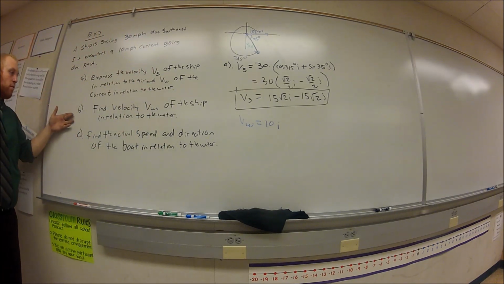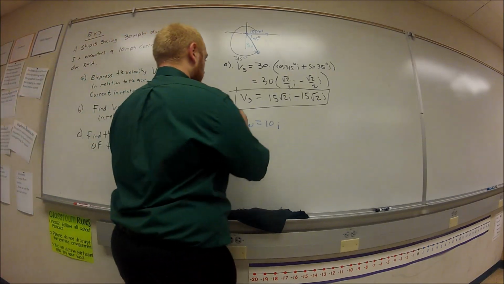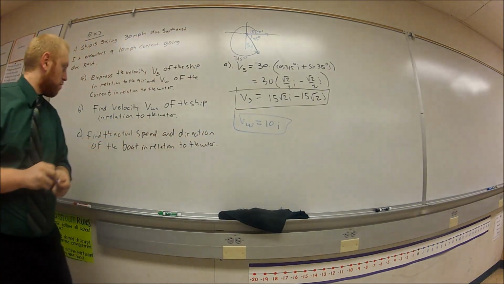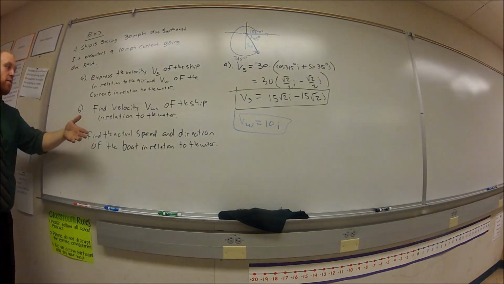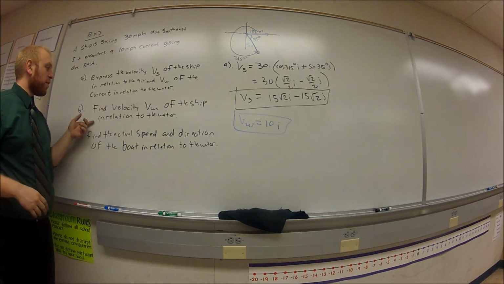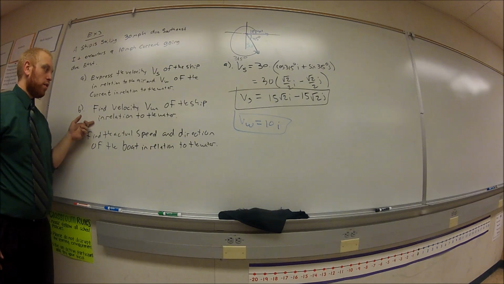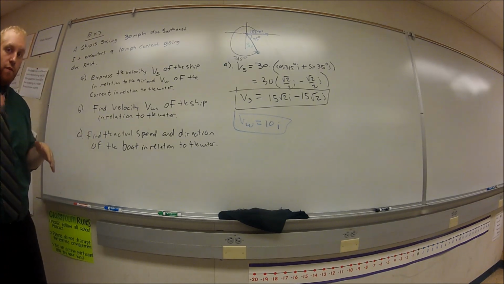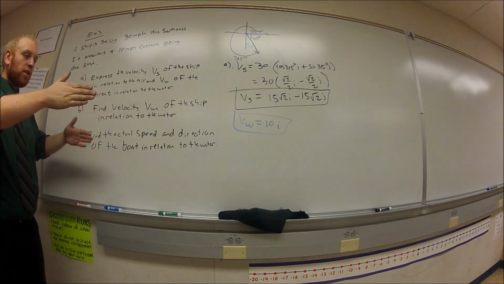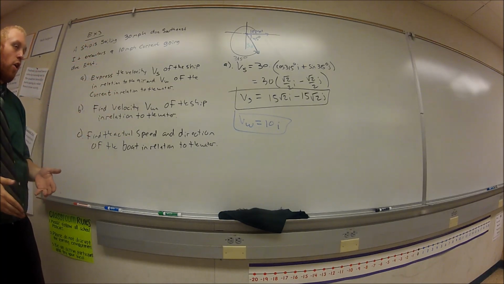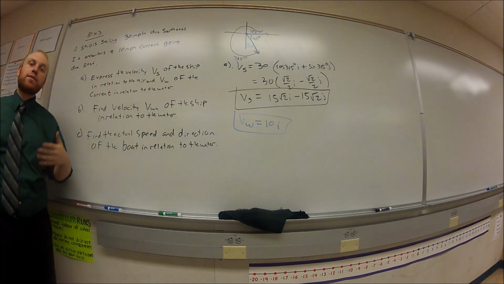Now part B. It says find the velocity, v sub wa, of the ship in relation to the water. Now remember, that's going to be the velocity of the ship already going plus the velocity of the current. So remember, resultant vectors, we need to add.